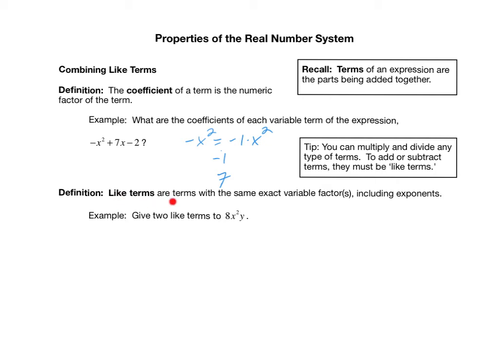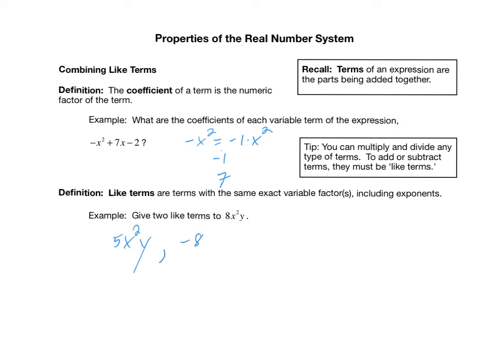First, like terms are terms with the same exact variable factors, including exponents. So this is a term right here, 8x squared y. We want to write down a term that is a like term to 8x squared y. And it has to have the same exact variable factors, including the exponents on those factors. So technically, 5x squared y would be an example of a like term because the variable part along with the exponent is exactly the same.